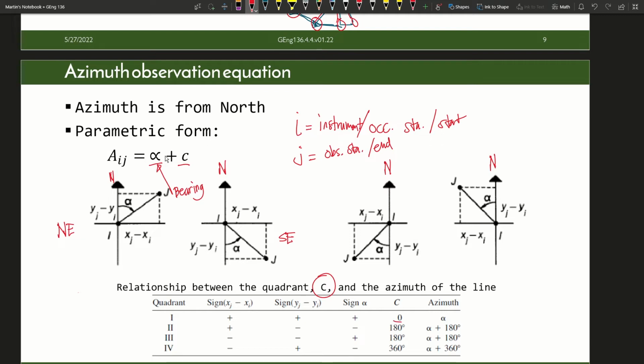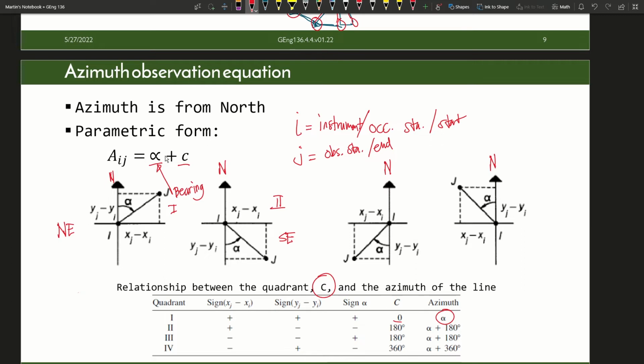If your bearing is southeast, this is quadrant 1, this is 2. Maybe it confuses the designation of quadrant, but anyway, we'll refer to the figure.